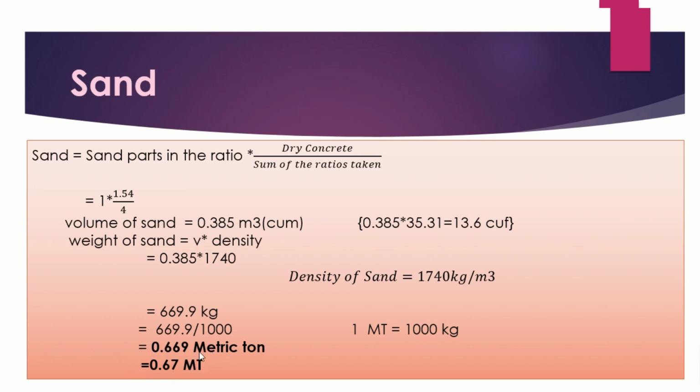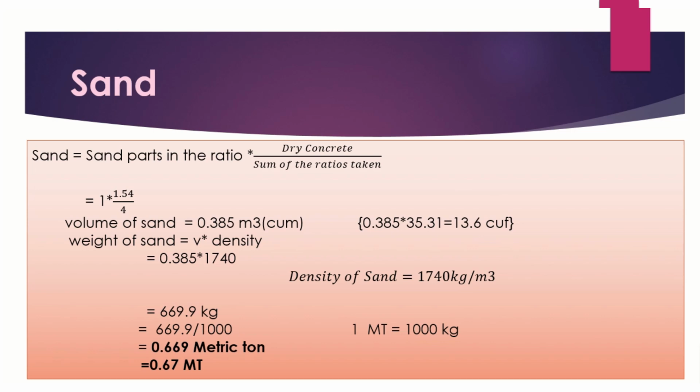So for 1 meter cube of concrete we require 0.67 metric ton of sand, or we can say we require 0.385 meter cube volume of sand, or 13.6 cubic feet of sand for 1 meter cube of concrete.